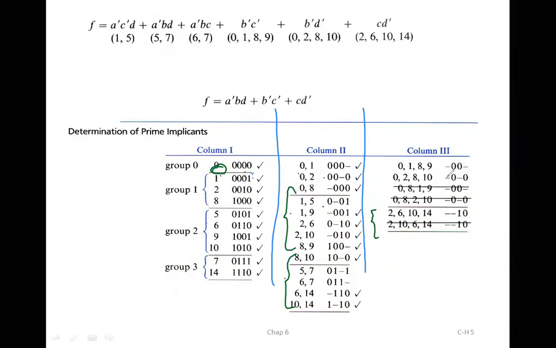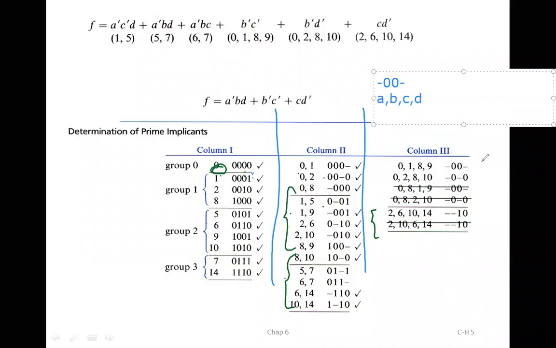So what is the first one? Hyphen 0, 0 hyphen. So which means, what is the first prime implicant I have? It is hyphen 0, 0 hyphen. What were our variables? Our variables were, according to the question, A, B, C, D. So what is the first one left out? The first one left out is A is changed.